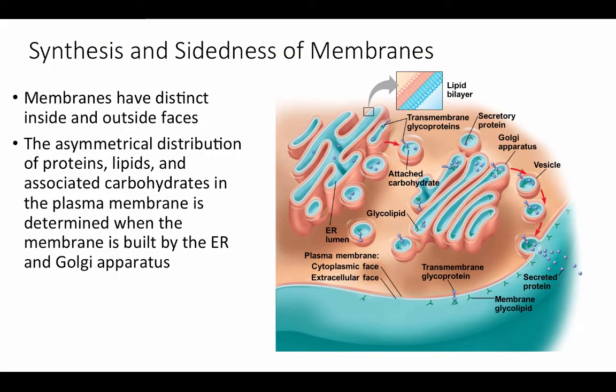So these membranes, because they have these functional proteins within them, it's going to be important which is the inside and which is the outside of the membrane. If you have a protein turned around in the wrong way, it's not necessarily going to perform the function it's meant to perform.